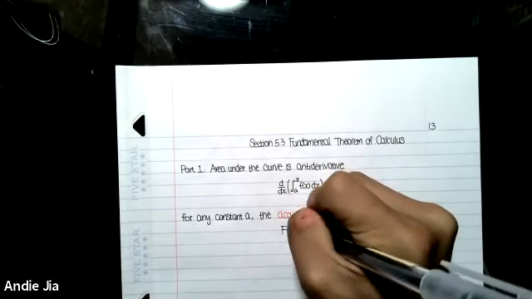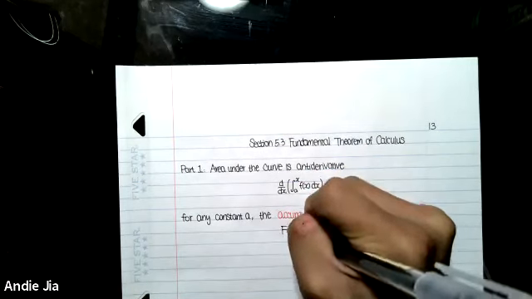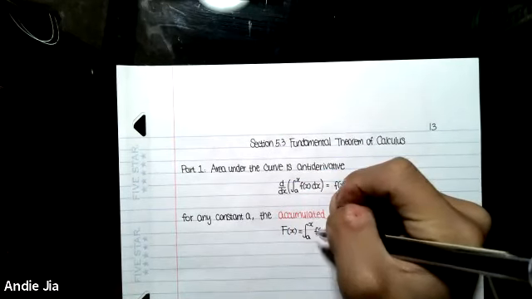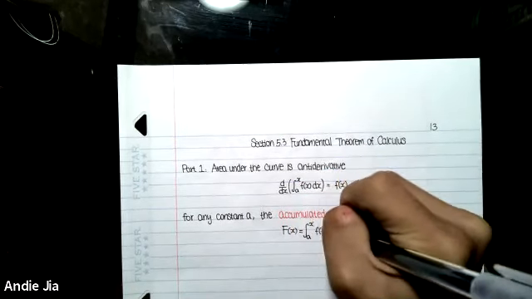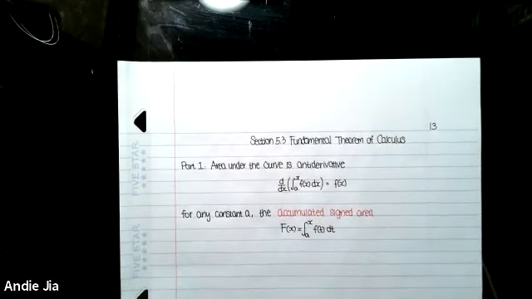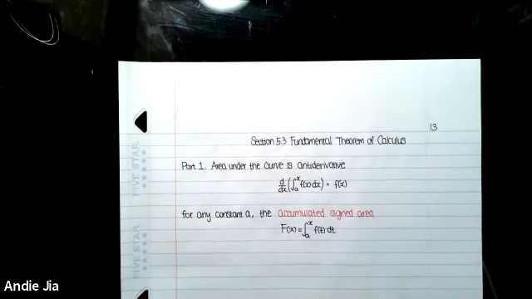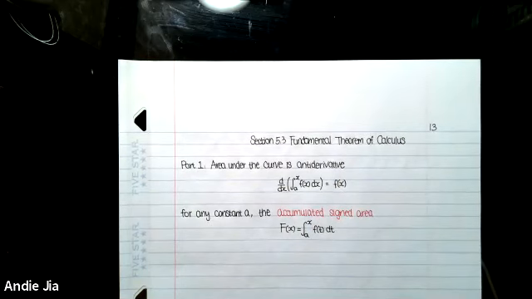It is the integral from a to x of f of t dt. So this is like the area under the curve.